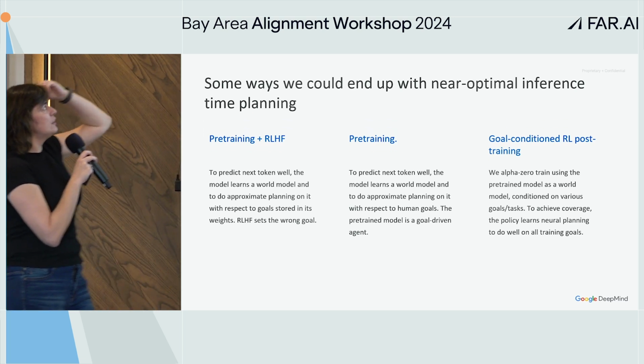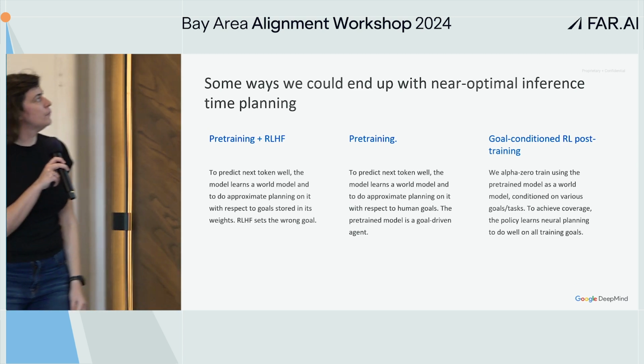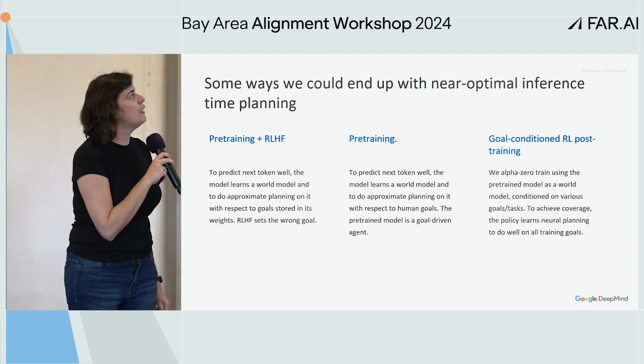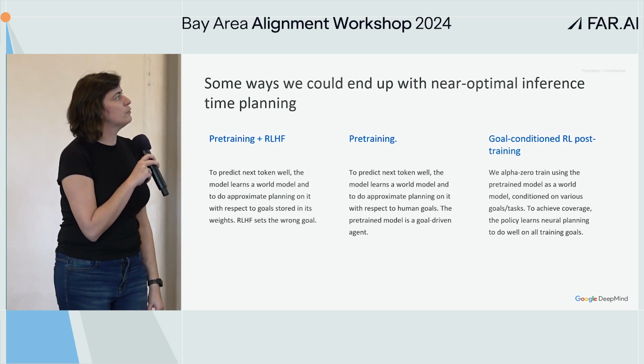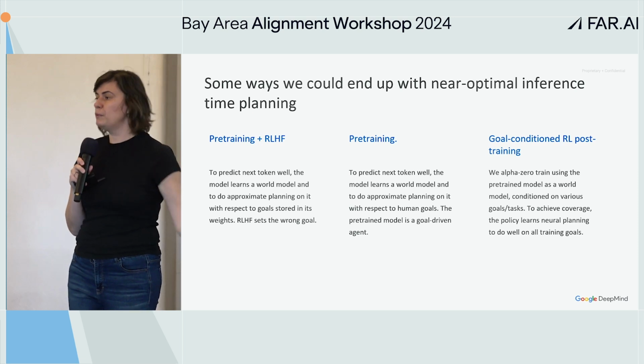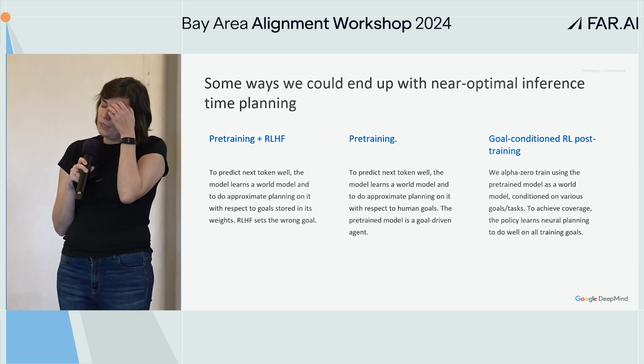So one observation is that when you predict the next token well, you might end up learning a world model, and you might end up learning to do this kind of approximate planning on that world model with respect to goals. So you can actually predict the next thing that people will do well, because that is what explains a bunch of human behavior.